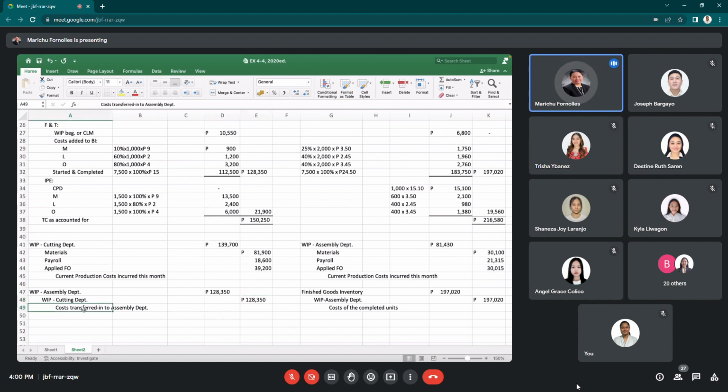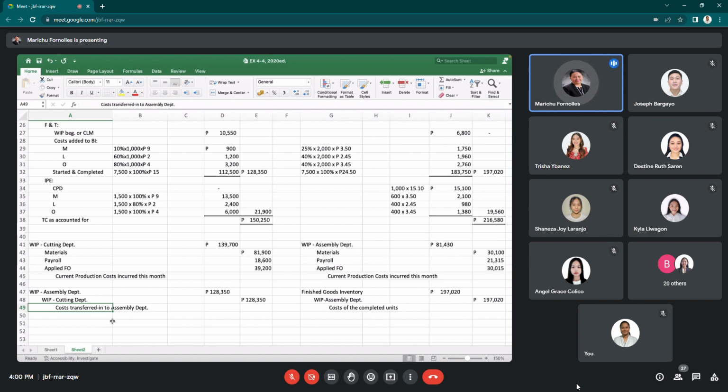So explanation, cost transferred in to assembly department, or it can also be cost transferred out by cutting department to assembly department.